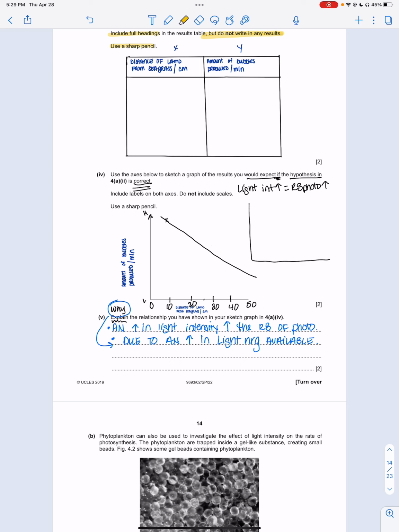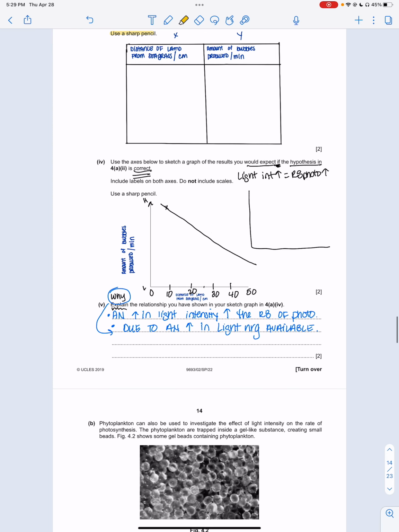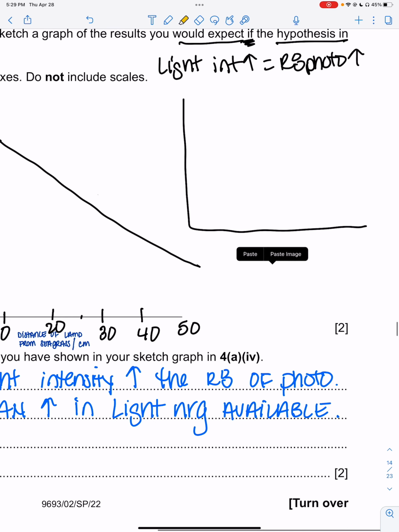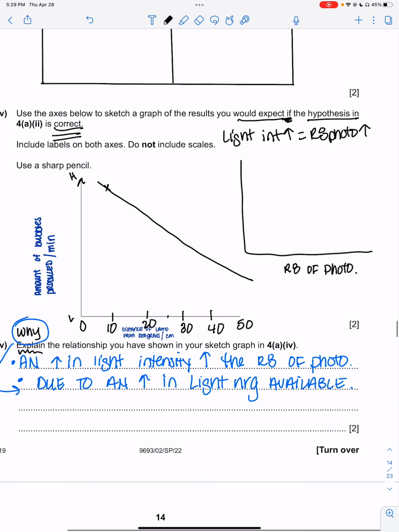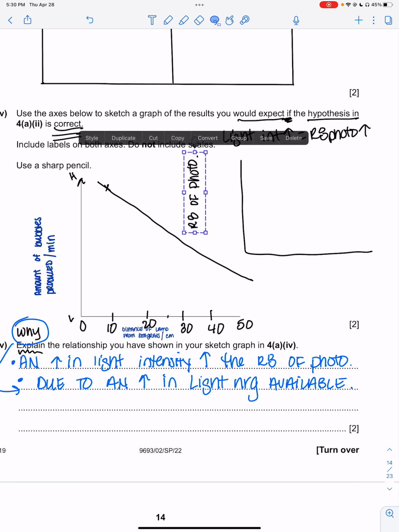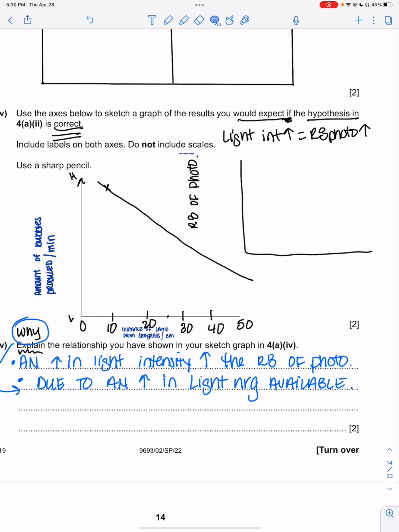Use the axes below to sketch a graph of the results you would expect if the hypothesis is correct. This one I did is based off your own, but what you've seen in your notes before is down here. So we would go rate of photosynthesis. That is the hypothesis, and that's pretty much what they're asking. And then here, oh gosh, no, that's actually what you're testing, or what you're measuring.